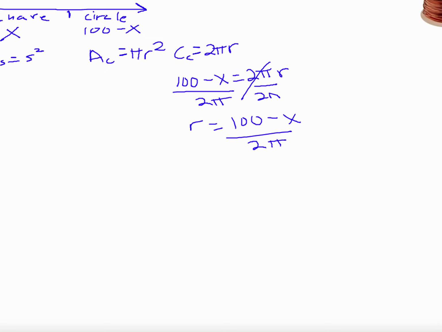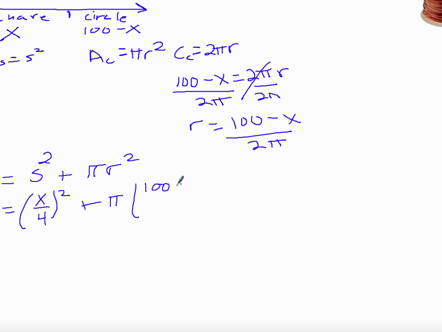So the area is going to be the area of the square, which is the side squared, plus the area of the circle, which is pi r squared. And we know that s is x divided by 4, and r is (100 minus x) divided by 2 pi, squared, of course.